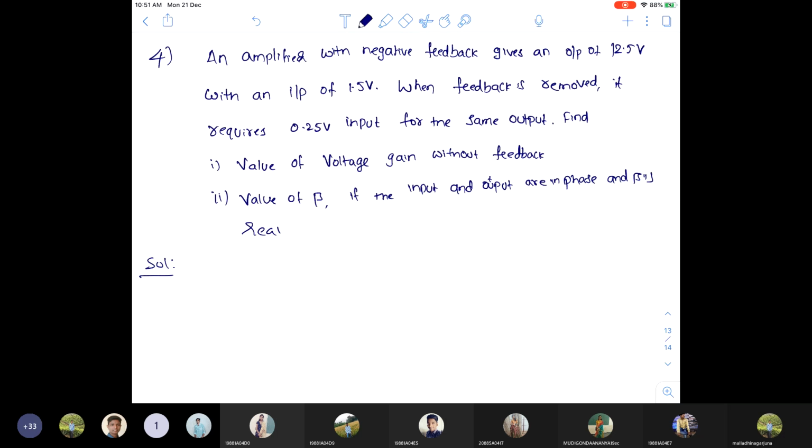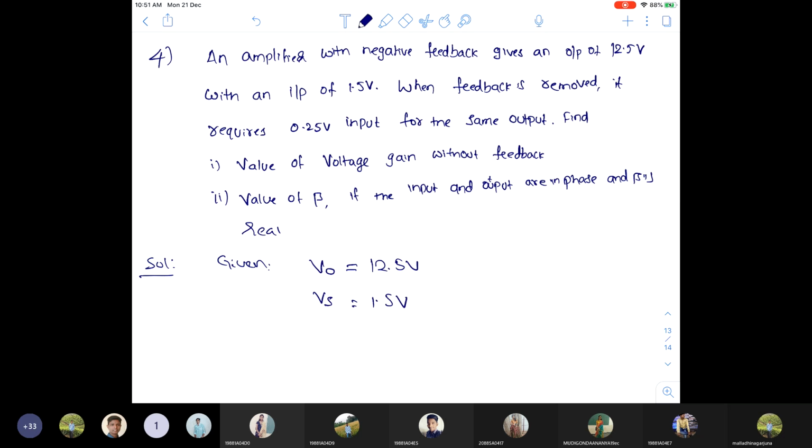Okay. Now what is the given data? An amplifier with negative feedback gives an output of 12.5. With feedback or without feedback, output is output. That is 12.5 volts. And with an input of 1.5, with feedback input is Vs equal to 1.5 volts.